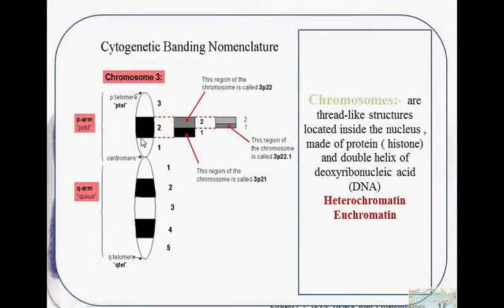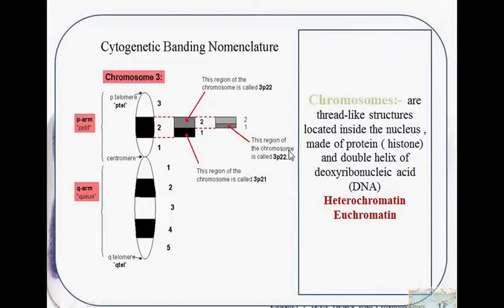Short arm represented by P, long arm represented by Q. Each of these arms is again divided into certain regions, like you can see here, P arm into 1, 2 and 3, Q into 1, 2, 3, 4 and so on. Each of these regions is again further divided into bands, like band 1, band 2 of this region, and each of these bands is further subdivided into sub-bands like this.